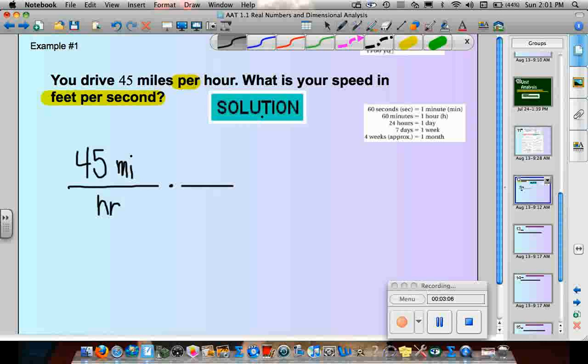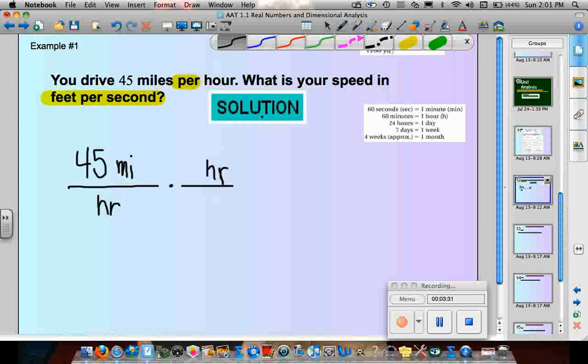If I want to get rid of the hour part of this unit and turn it into seconds instead of hours, I'm thinking, well, if this hour here is in the denominator and I have another hour here in the numerator, I'll be able to cancel those. Because if I have something the same in the numerator and denominator, they can cancel. But then I have to think, this has to be a fraction of 1.